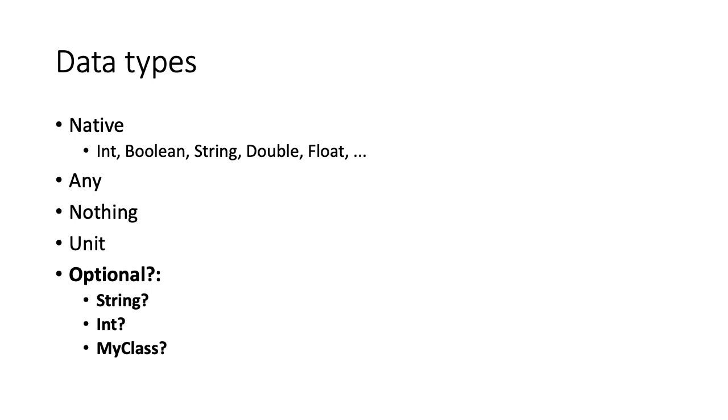In Kotlin, nullable types are super types of actual types, as well as any. That is, string nullable is a parent of string, int nullable is a parent of int, any nullable is parent of any.